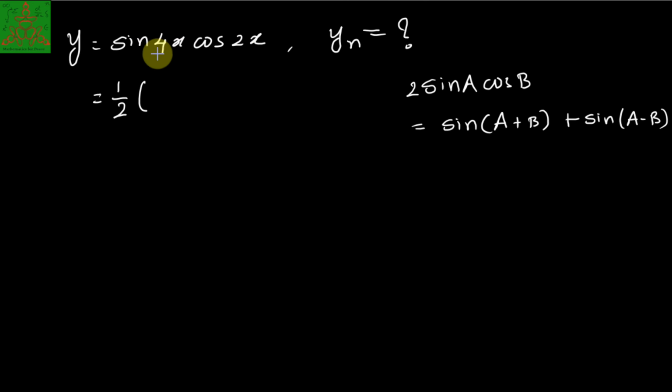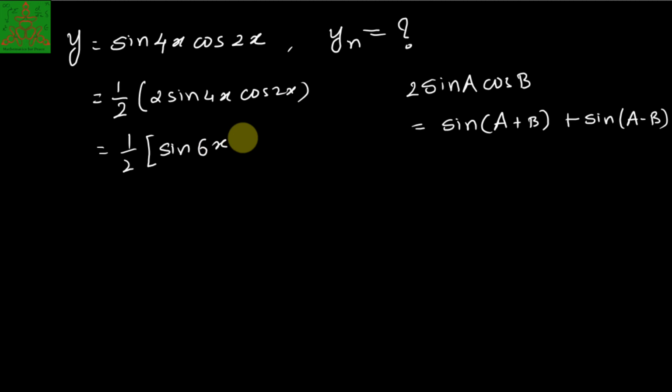So if I apply that by multiplying and dividing by 2, this leads to sine(4x plus 2x), which is 6x, plus sine(4x minus 2x), which is 2x.